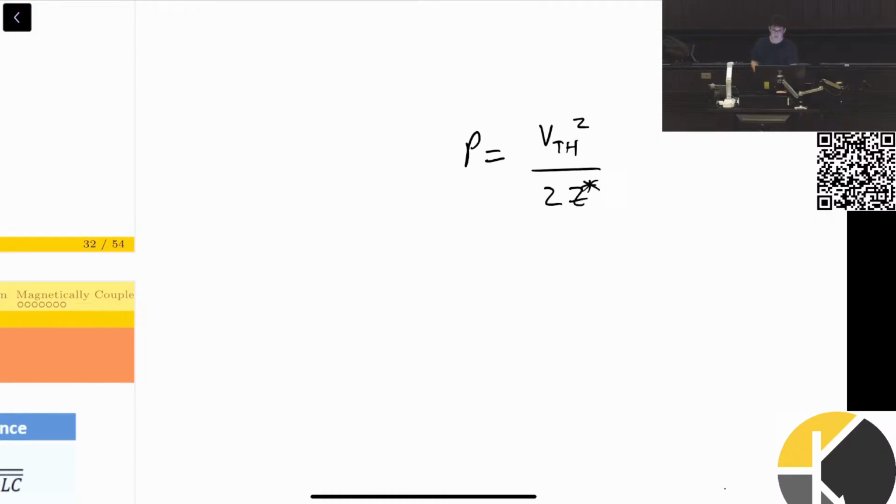Now, if we're trying to find half power frequencies, not v Thevenin, just v. This is our formula for complex power. So it makes sense why we can use half power, right?